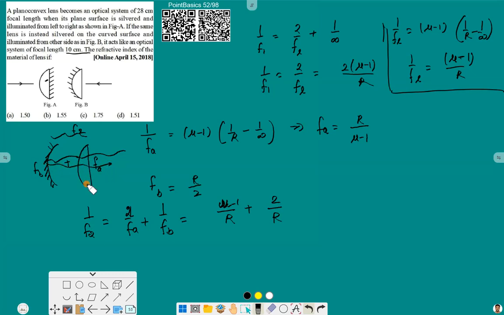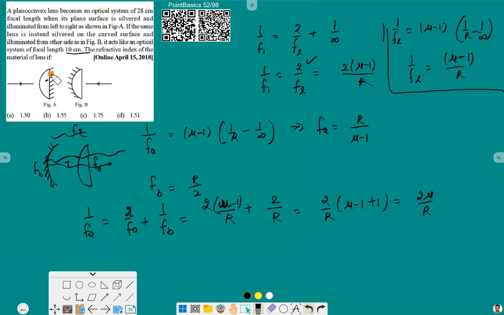So the light travels through the lens 2 times. That's why we have to add 2 here. And for the mirror we get this. Now if we solve this, we will get 2 by r as common, and mu minus 1 plus 1. So this is 2 mu by r.